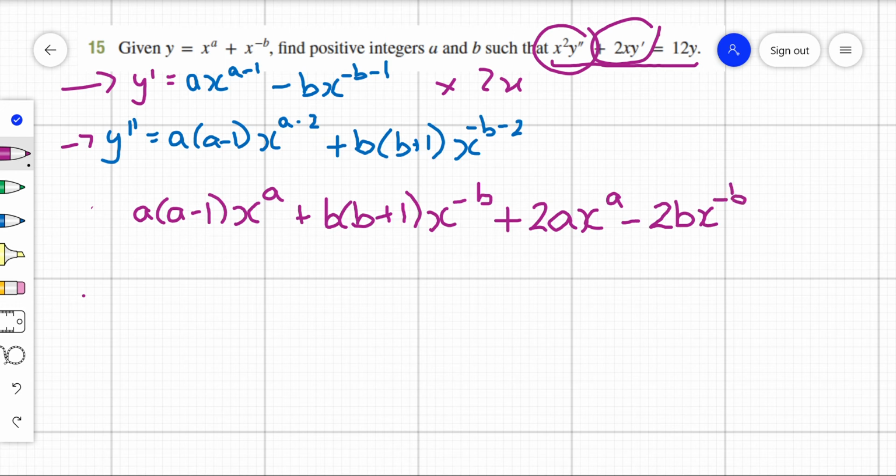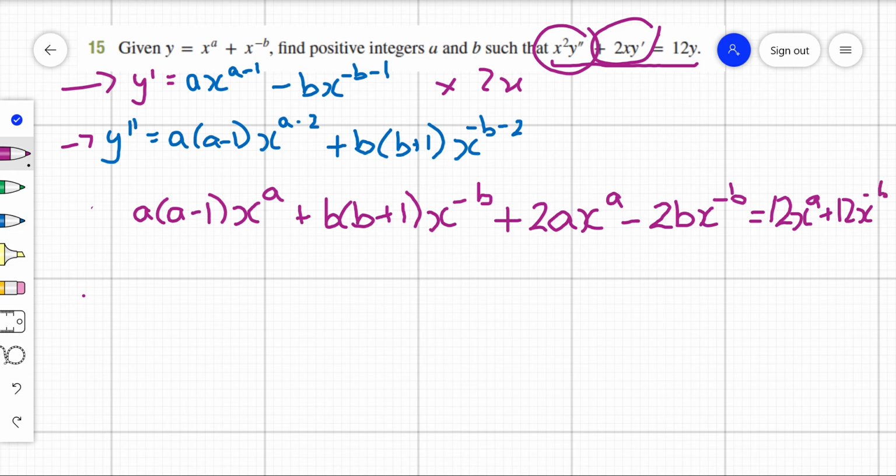I think that's right. And that's got to equal 12y, which is find positive integers such that it does equal 12y. So that's got to equal 12 lots of y's, which is x to the a and 12x to the minus b.